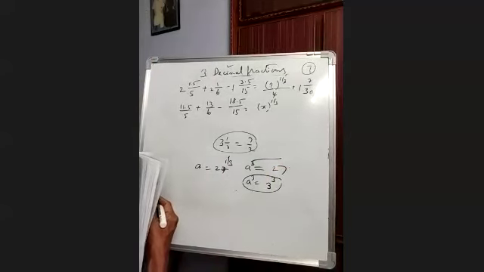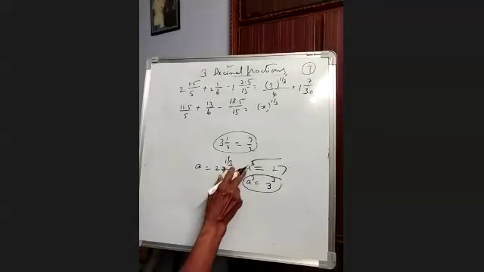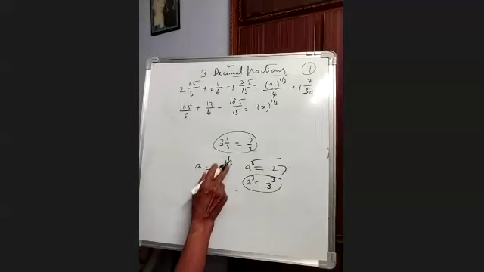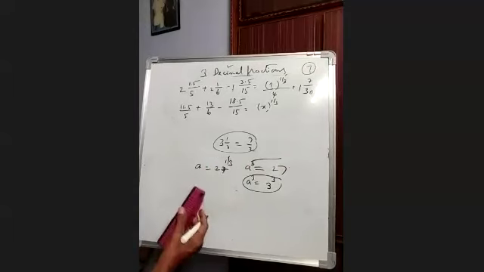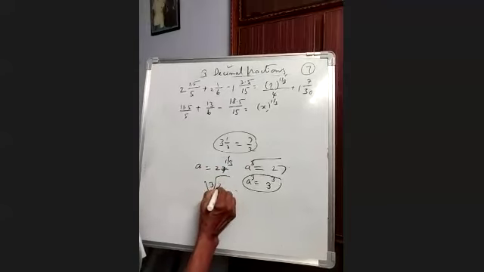So if A cube is 27, A can be written as 27 to the power of 1 by 3. That is the meaning of 1 by 3, cube root of, otherwise written as cube root of 27.